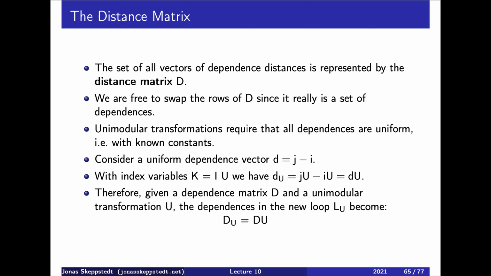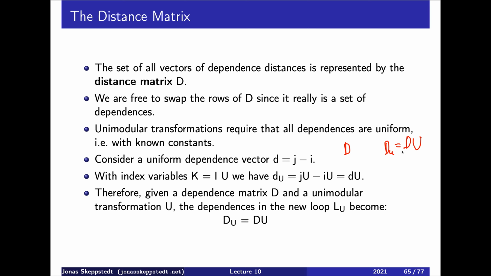First we have D, and then we compute a new loop iteration order. So we get the new dependencies, and they are the old distance matrix times the transformation matrix.